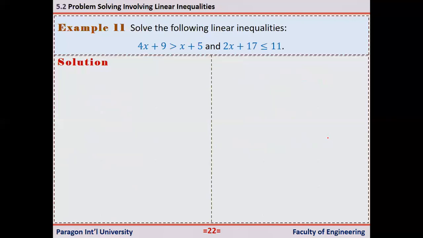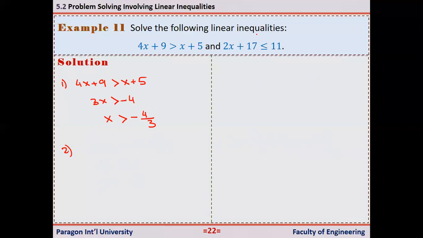Another example, example 11. Solve the following linear inequalities. Step 1, it is 4x plus 9 is greater than x plus 5, right? And take to the left-hand side, it is 3x greater than 5 minus 9, it is -4. So x is greater than -4/3.